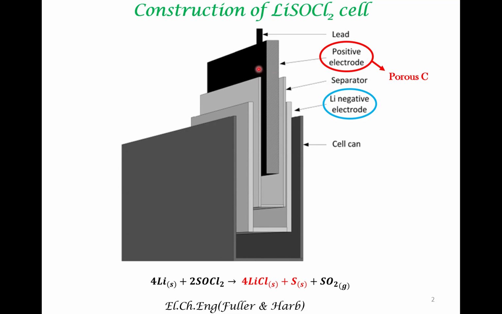In addition, there are current collectors that are connected to the positive electrode. This itself serves as a current collector for the negative electrode. And all these components are housed inside a cell can.